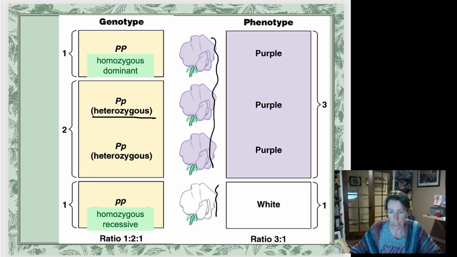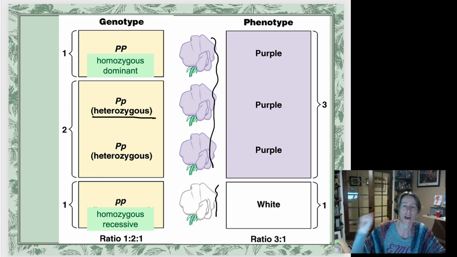That term doesn't exist, because heterozygous just means that you have one of both already. So you can't be heterozygous dominant or recessive. It doesn't make sense. You just write heterozygous on its own, because it means you have one dominant, one recessive. But that's how these terms work together.